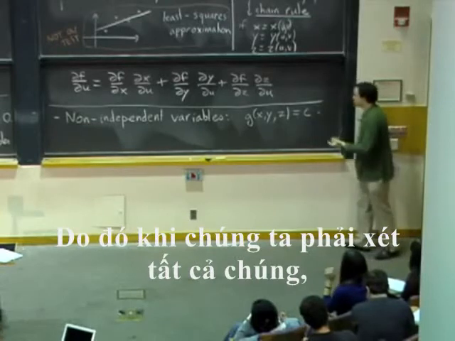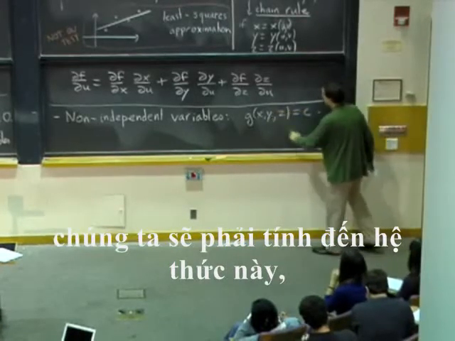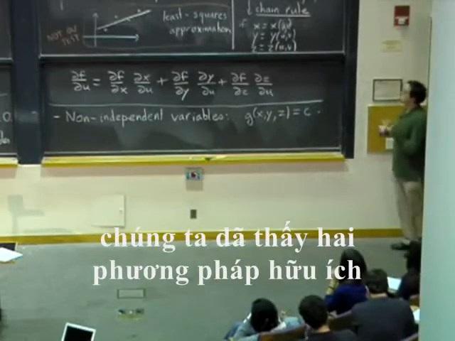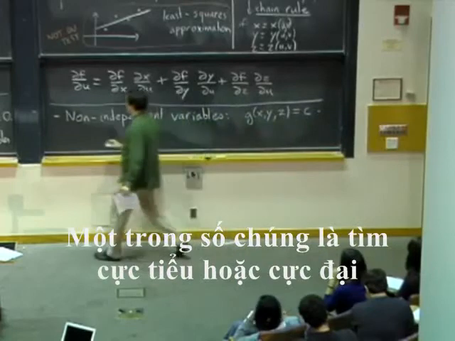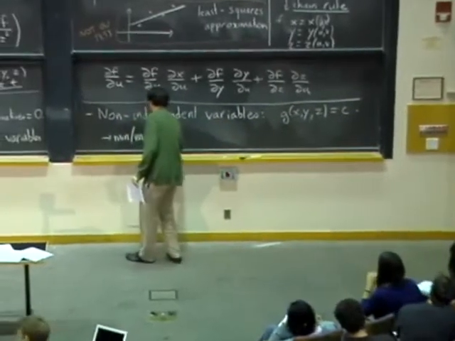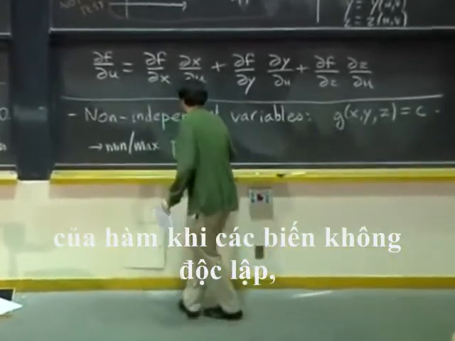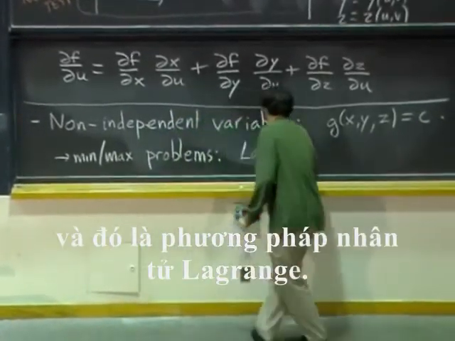So then when we have to keep all of them but take into account this relation, we've seen two useful methods. One of them is to find the minimum or the maximum of a function when the variables are not independent. And that's the method of Lagrange multipliers.